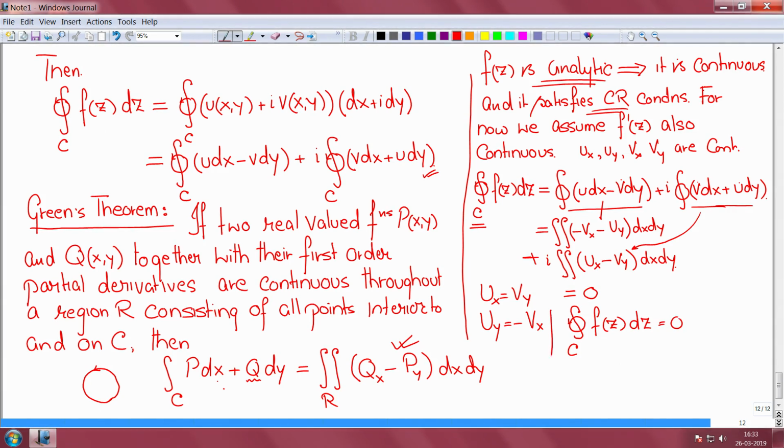So, a very important theorem. If a function is analytic on and inside a closed contour C, then the integral of the function along that closed contour is identically equal to 0. This is a very powerful theorem.